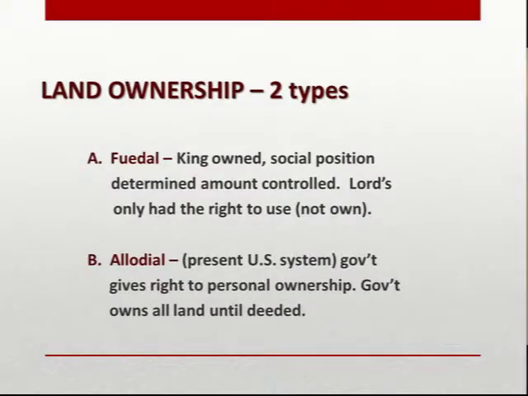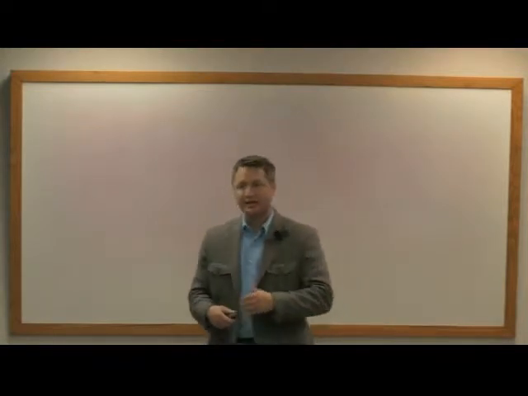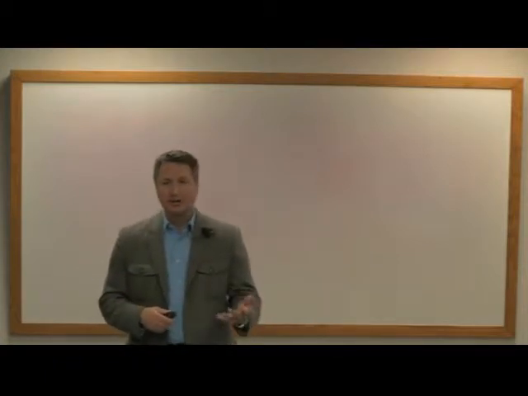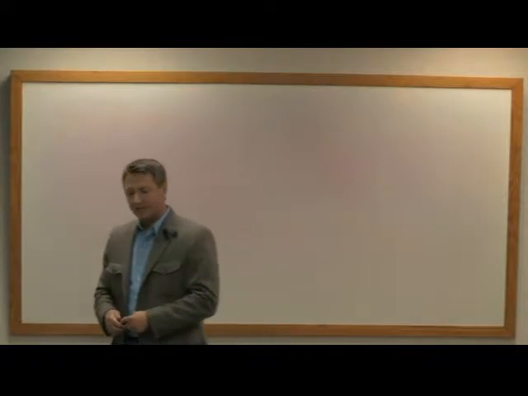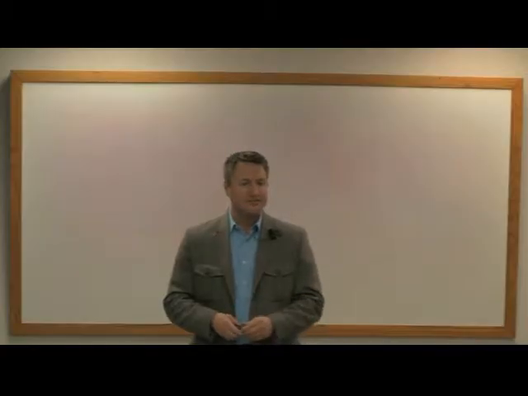America has an allodial system where at the beginning, sure, the government has ownership of the land, but we want to pass that on to the individual. We encourage land ownership. And so we give through a land deed. This Homestead Act of 1862 is how originally land was transferred.